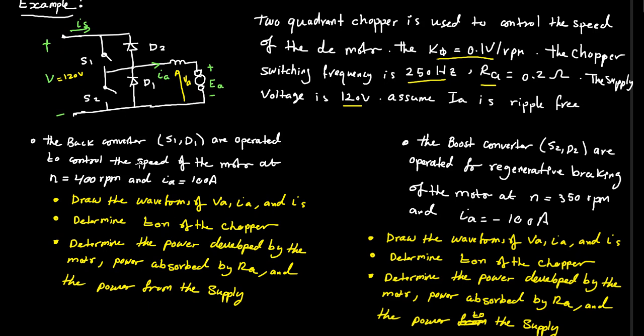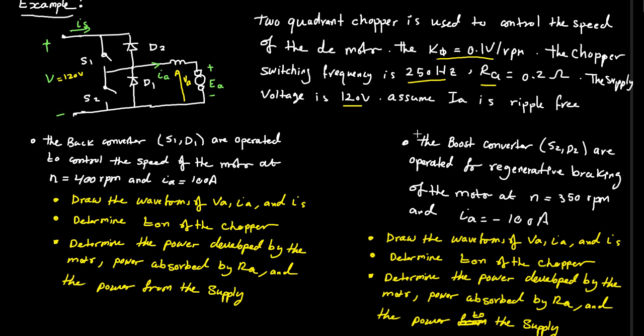We need to determine the duty cycle of the switch 1, T on of the switch 1, and we need to find the power developed by the motor, the power absorbed in the internal resistance of the motor, and the power from the supply.